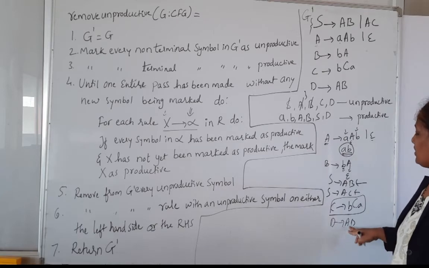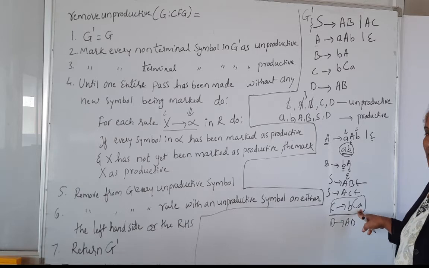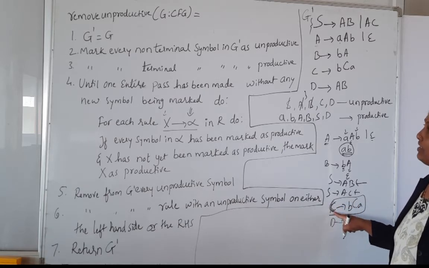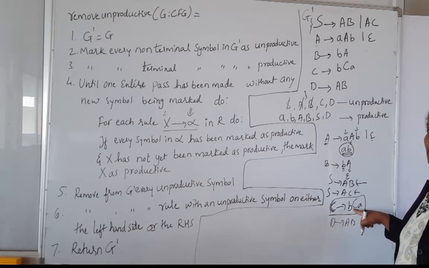Okay. So now the left out symbol is what? C. So C produces BCA. So I will mark this as an unproductive symbol because I will not get the productive symbols from this.